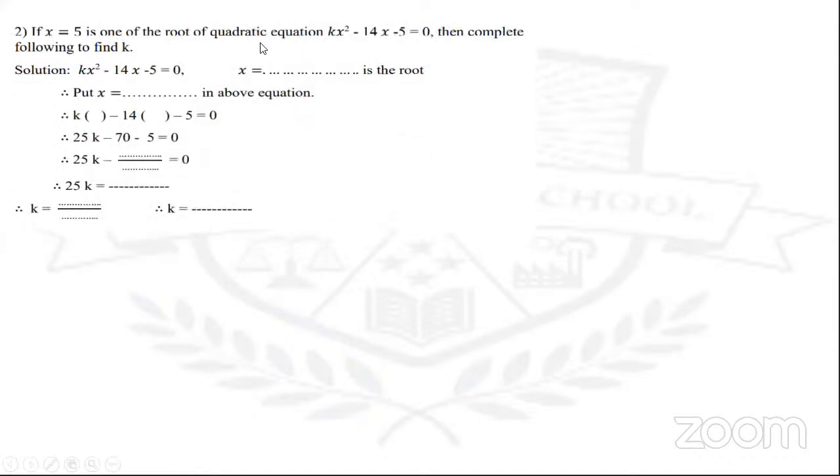If x equals 5 is one of the roots of the quadratic equation, then complete the following to find k. So that means when it is given as one of the roots, the variable which is given in that place, you have to put the value which is given to you. Understand? So we'll start with the solution here.